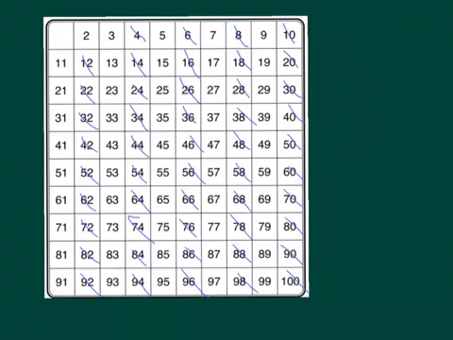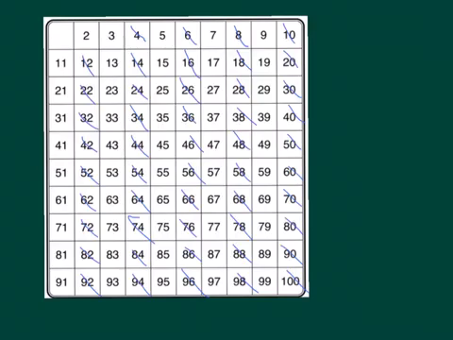For example, the factors of 4 would be 1 and 4 and 2, because it's 2 times 2. With 6, it's 1 and 6 and 2 and 3. You get the idea? So every other even number we can cross off. It cannot be prime because all those other even numbers have a factor of 2. So they have more than 2 factors, therefore they cannot be prime.